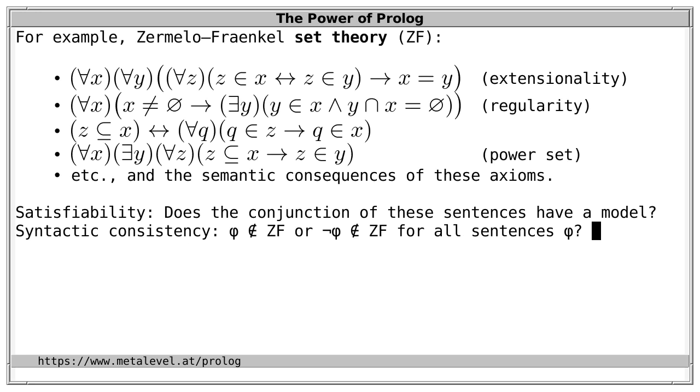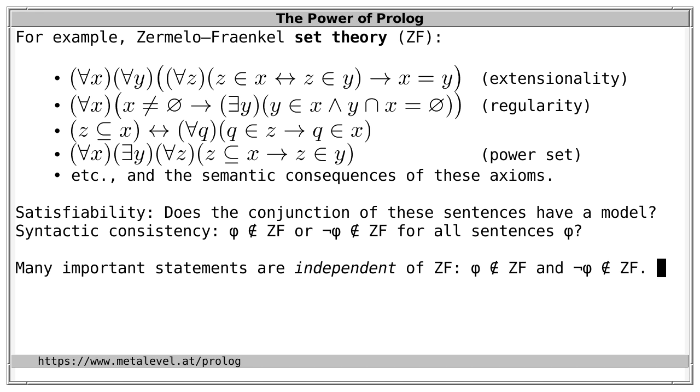And this concrete theory, ZF, is widely believed to be consistent. However, it's not known to be consistent. What is known, though, is that many important statements are independent of ZF. A statement is independent if neither the statement nor its negation are theorems.